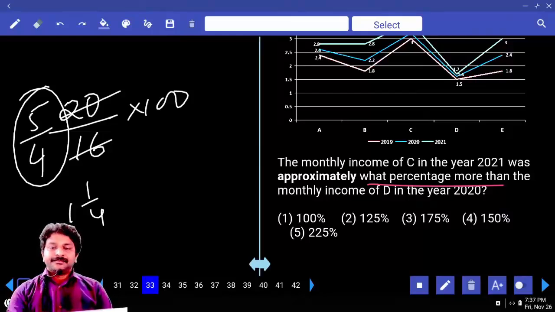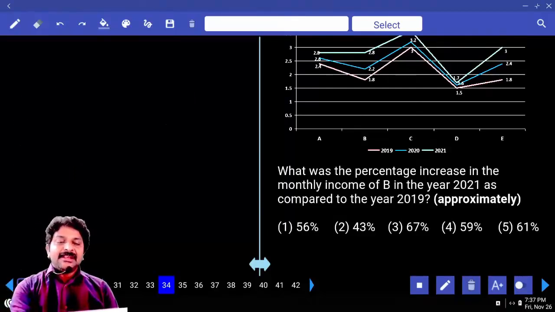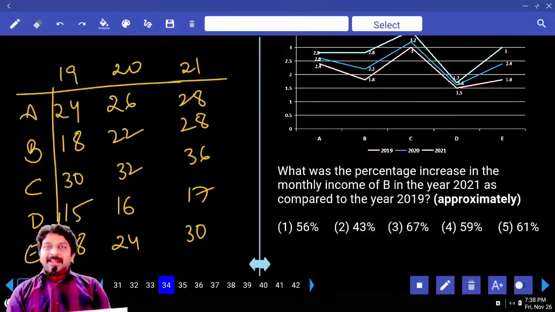What was the percentage increase in the monthly income of B in the year 2021 as compared to the year 2019? Here also you can directly compare yearly salaries, no need to convert into monthly.